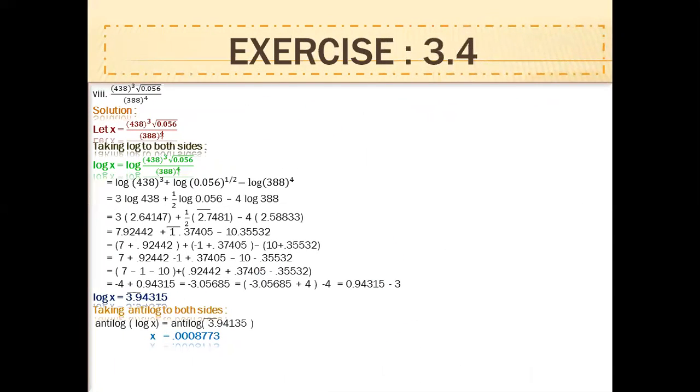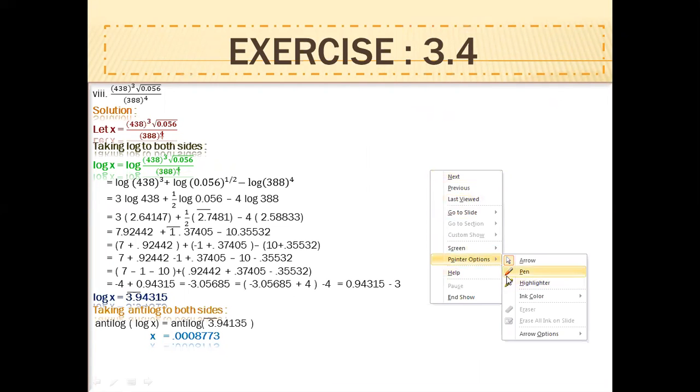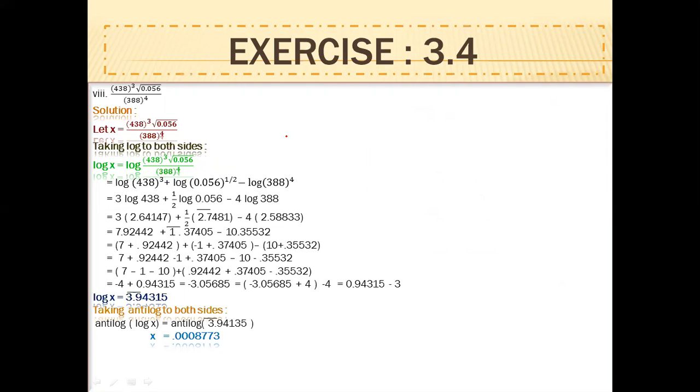The eighth part of this question: 438 cube, square root of 0.056 and the fourth power of 388. First we take let x is equal to this number, then we take log on both sides. The numerator will be changed into plus and the denominator we have a negative sign over there.